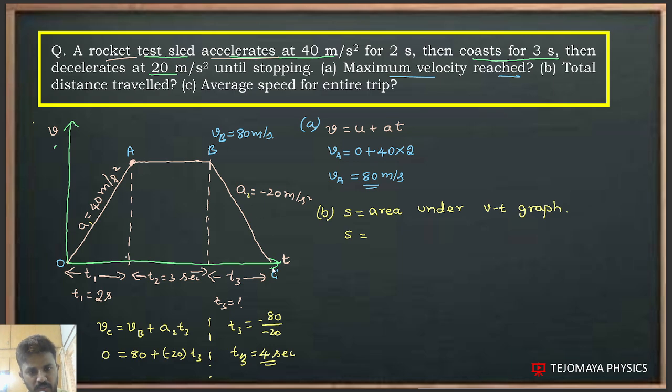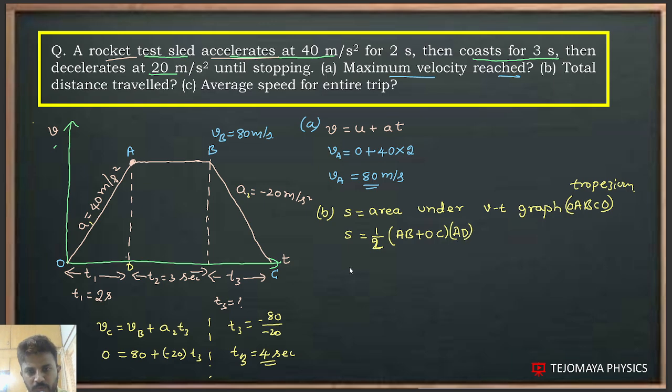O A B C O. That is a trapezium. How do you calculate the area of the trapezium? Half into sum of parallel sides, that is AB plus OC, times the height, which is this one. Let me take it is AD.